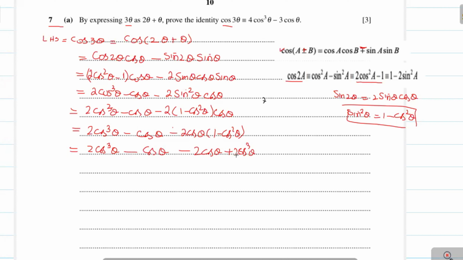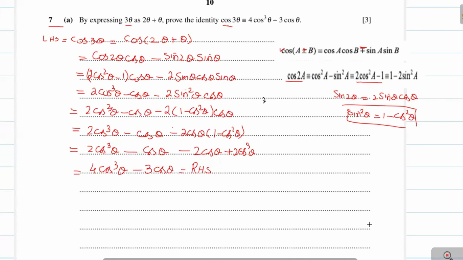Now plus 2cos³θ, 2cos³θ becomes 4cos³θ, minus cos θ minus 2cos θ becomes minus 3cos θ, and therefore this will be equal to the right hand side. Hence it is proved that cos 3θ equals 4cos³θ minus 3cos θ.